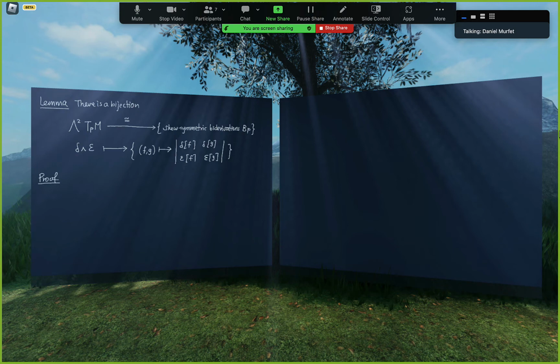All right. And the ingredients here are sort of what you need to know to get yourself into the right headspace to understand Poisson manifolds. So let's start with the germ of a smooth real valued function at P. Well, let me say it like this. I'm going to construct this way. So I'm going to suppose given a skew symmetric biderivation B_P.